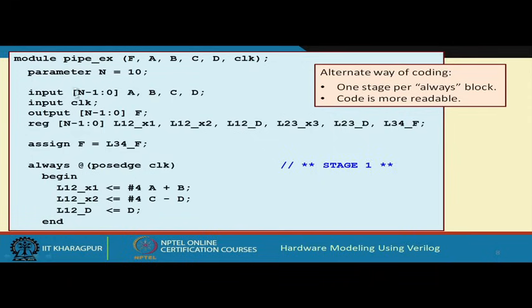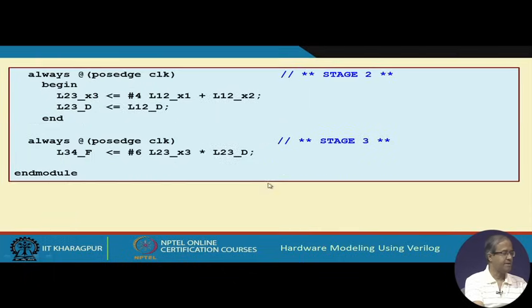The first part is identical. Now, this is the always block for stage 1. You see there is a separate always block, begin and end, the 3 statements for stage 1 are coming here. Then there is another always block for stage 2 and another always block for stage 3, because there is a single statement, you do not need begin end.